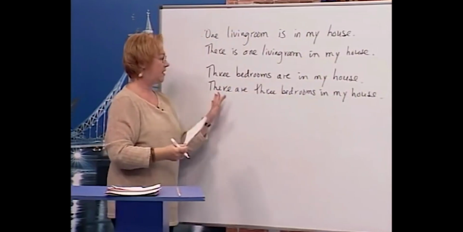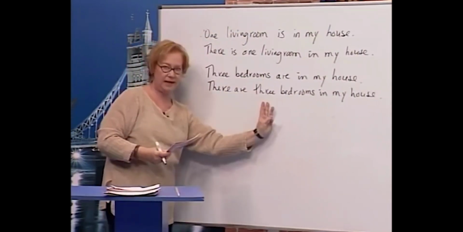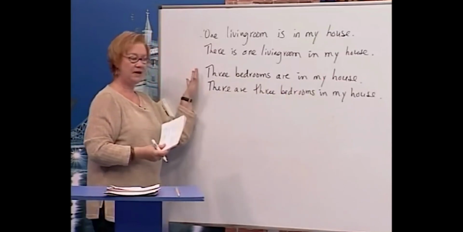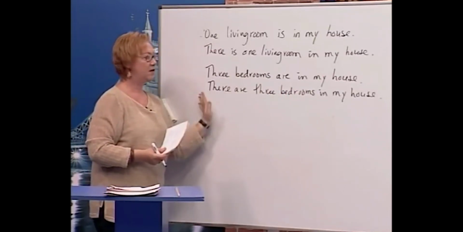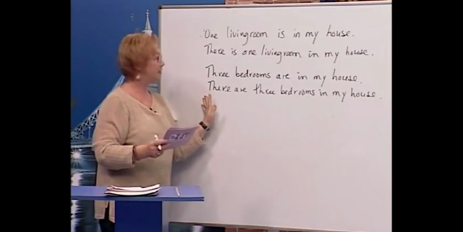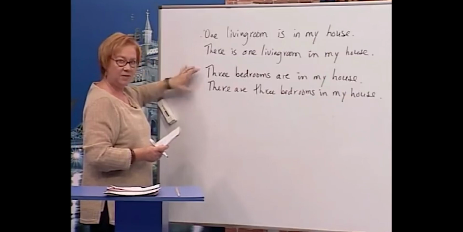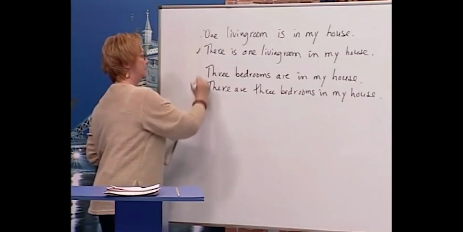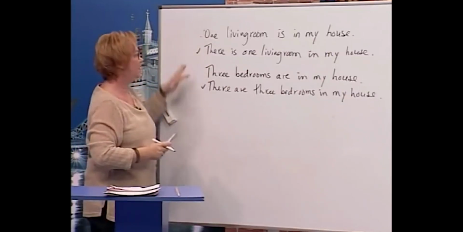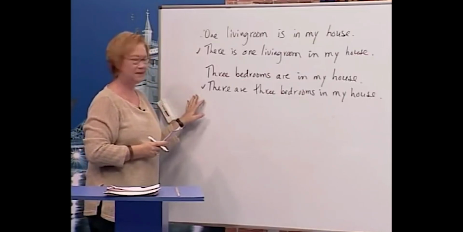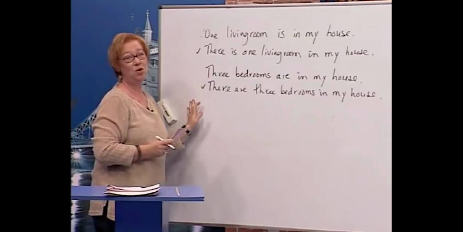Okay, so it's the same. There are 3 bedrooms in my house. 3 bedrooms are in my house. Now, these are correct, but these are better. There is one living room in my house. There are 3 bedrooms in my house. These are nicer and more normal.